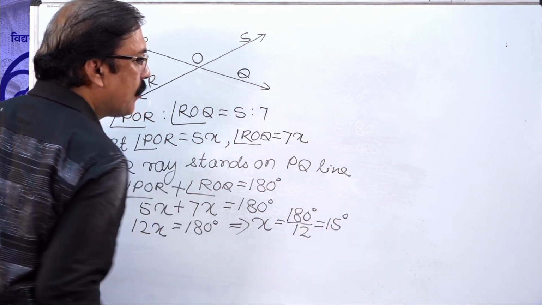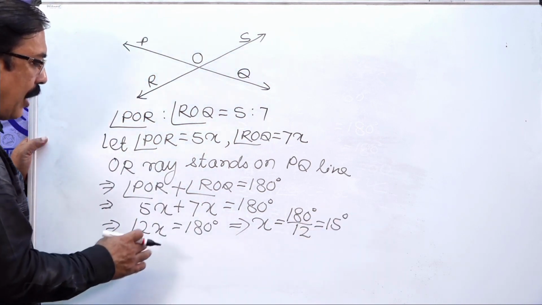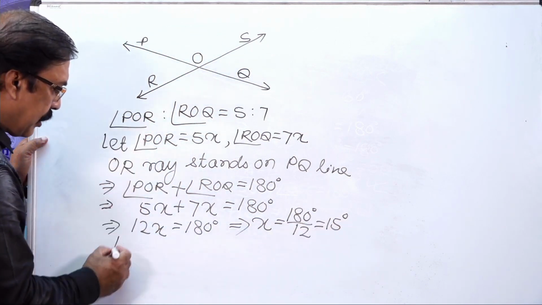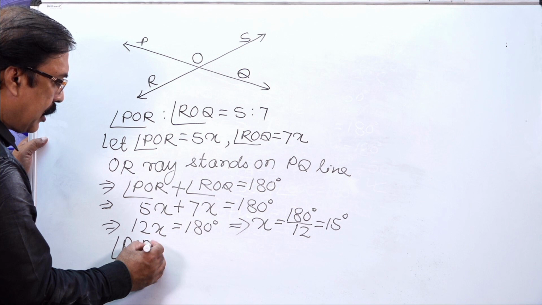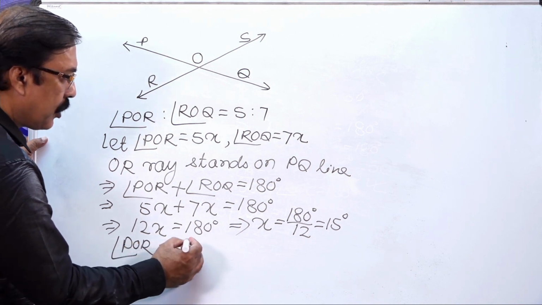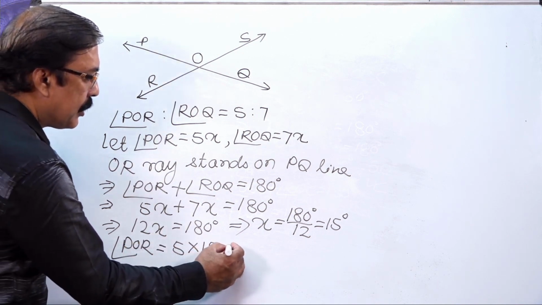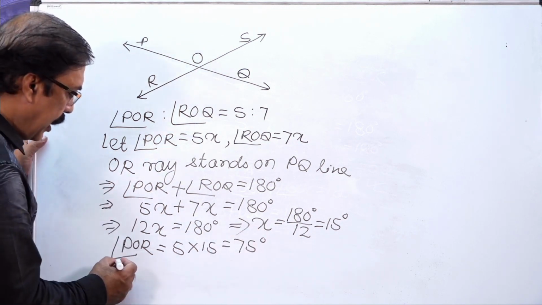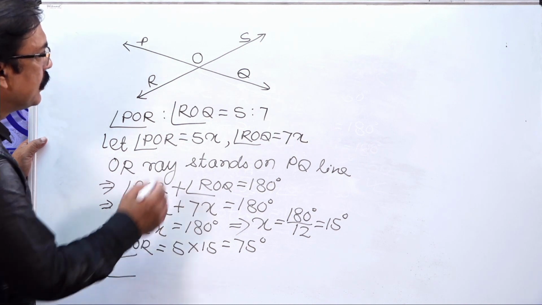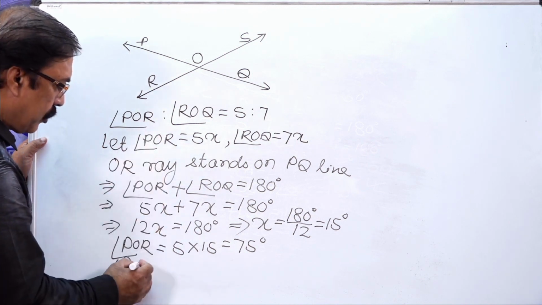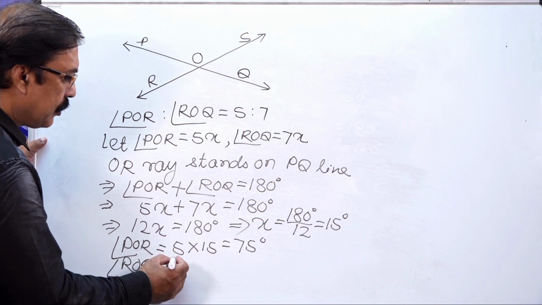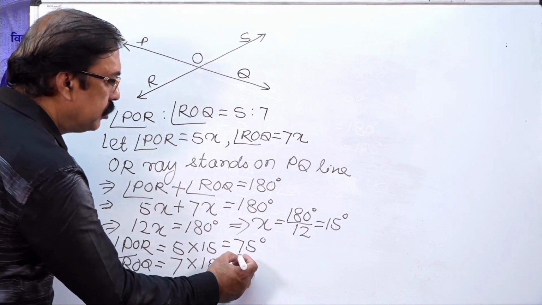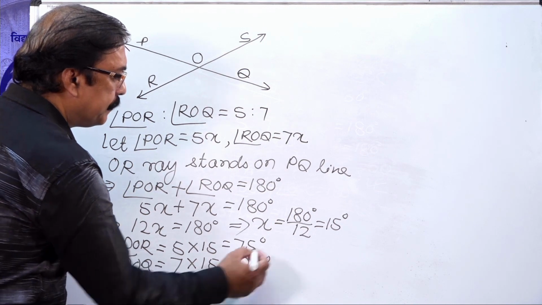that is 15 degrees. If the value of x is 15 degrees, then what is POR? Angle POR is equal to 5 into 15, that is 75 degrees. And angle ROQ is equal to 7 into 15, that is 105 degrees.